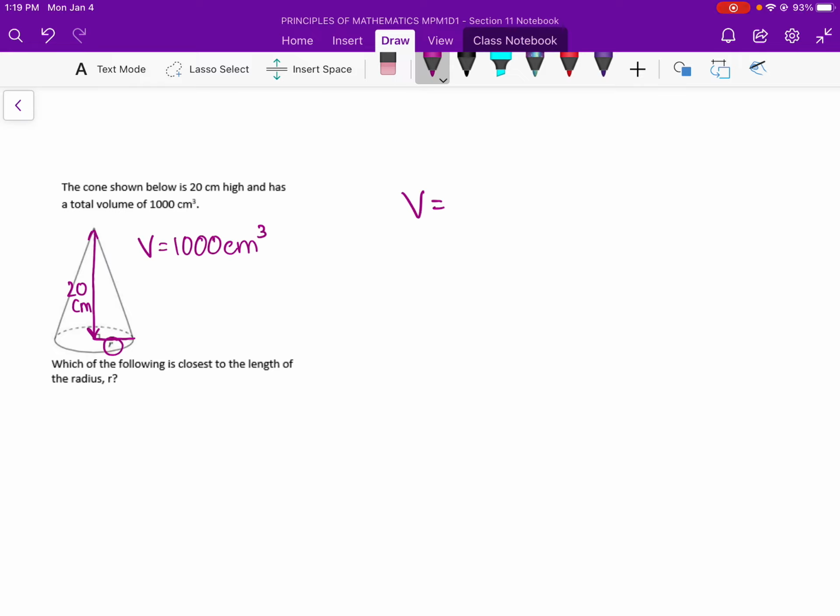Cool. Okay, so pi r squared times height divided by 3. So that's the volume of a cone. And let's sub in everything we know. So we know volume is 1,000. We know the height is 20. Okay, so 1,000 equals pi r squared times 20 divided by 3.